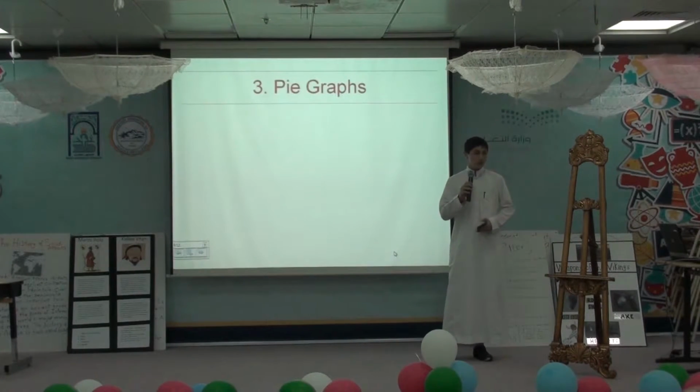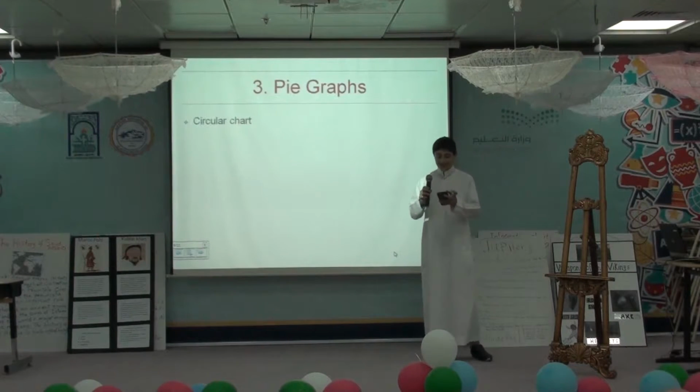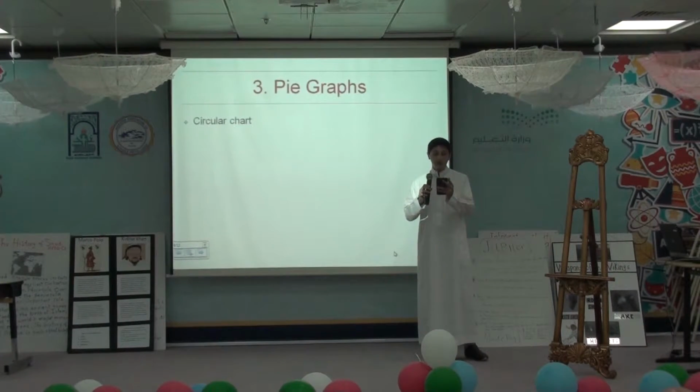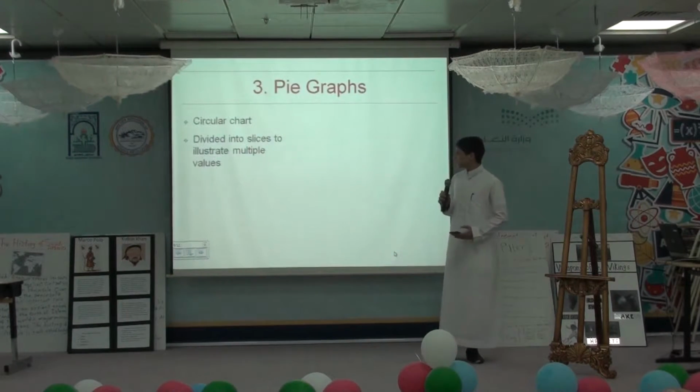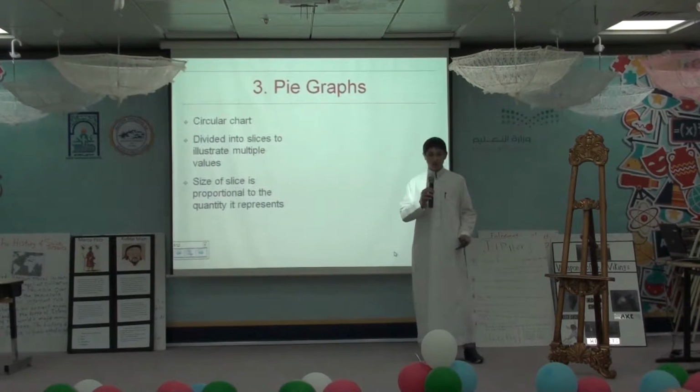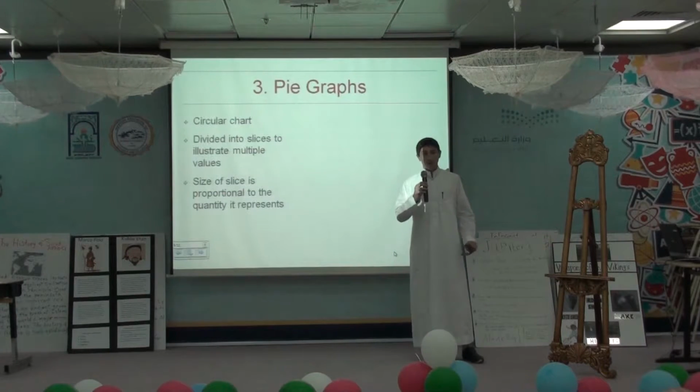One of the most commonly used types of graphs is the pie graph. A pie graph is a circular chart that is divided into slices that represent different values. The size of each slice is proportional to the value it represents.